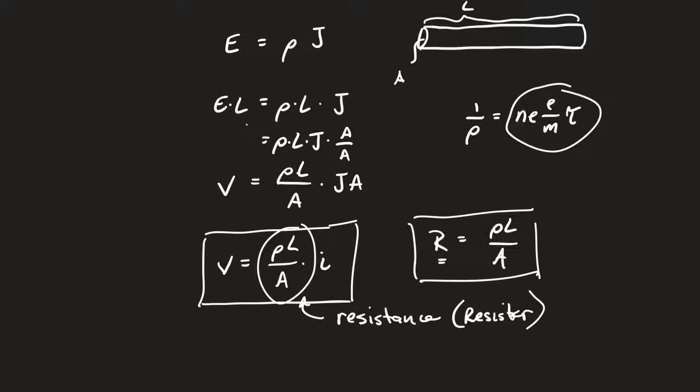Increase the length, and we know it's harder for electrons to get through, so we're going to increase resistance. In fact, you should be able to figure out why series and parallel work out the way they do. Parallel essentially is increasing the cross-sectional area. That's why resistors in parallel have less resistance total. And resistors in series is more or less just increasing the length of your total resistor.